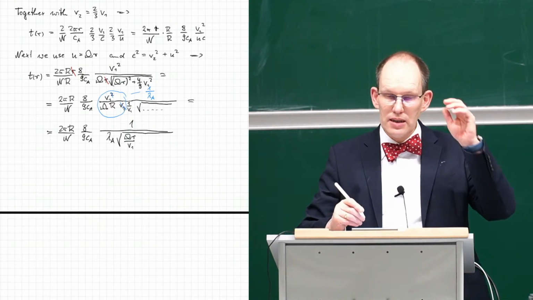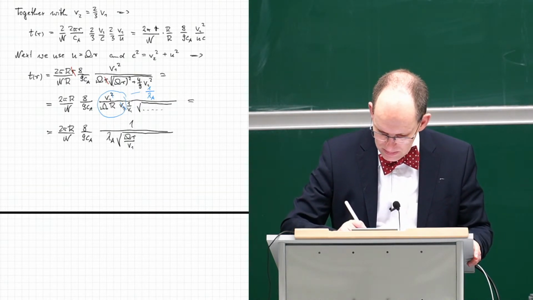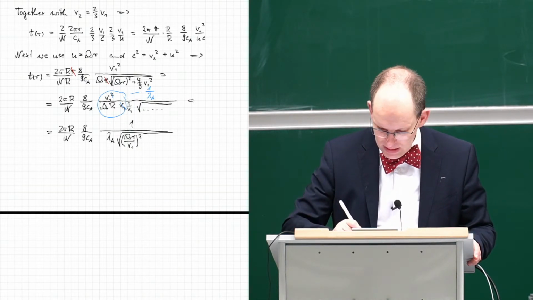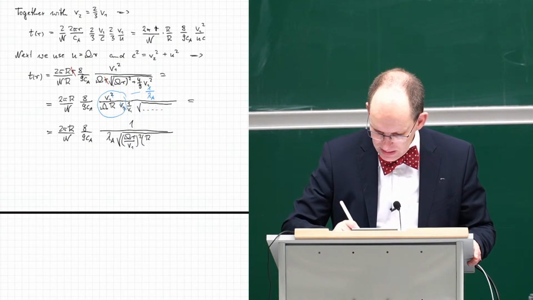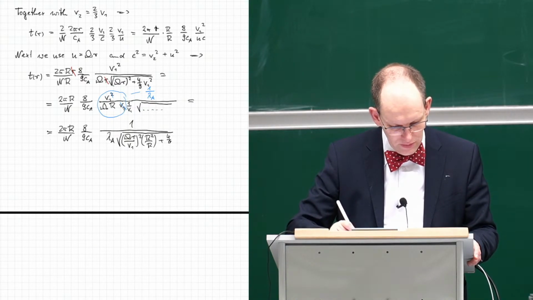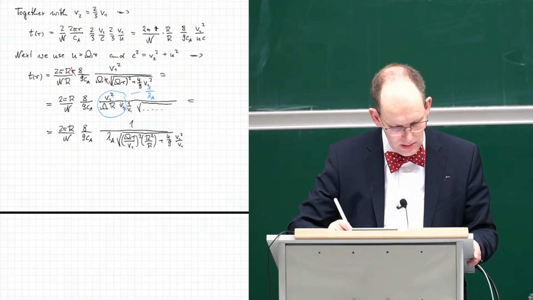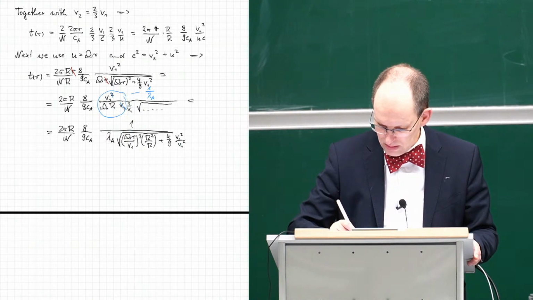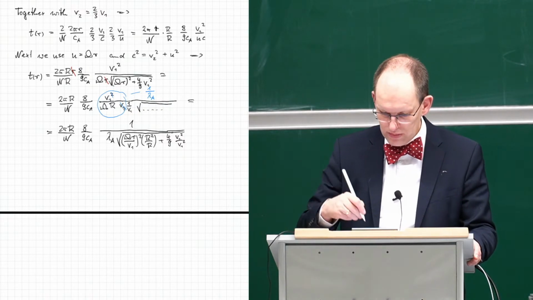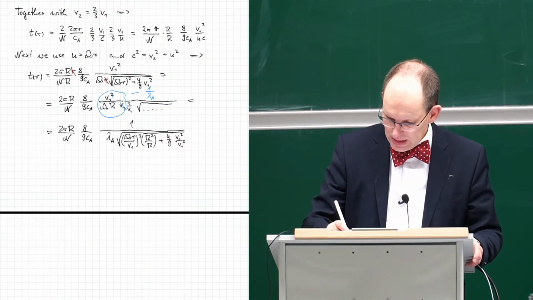So you see, I get the tip speed ratio here again, but now squared. I expand with capital R divided by R. And then I have 4 over 9 V1 squared divided by V1 squared. Of course, I could have left that out immediately.